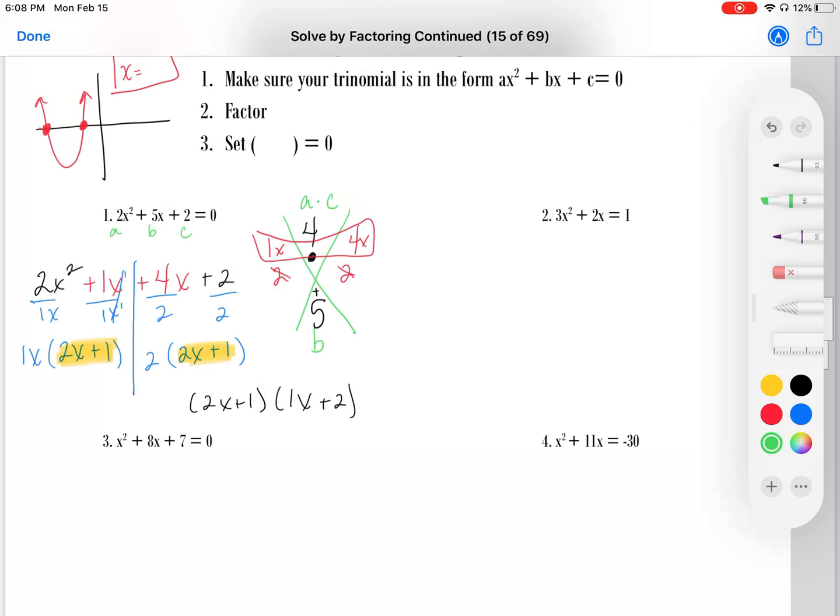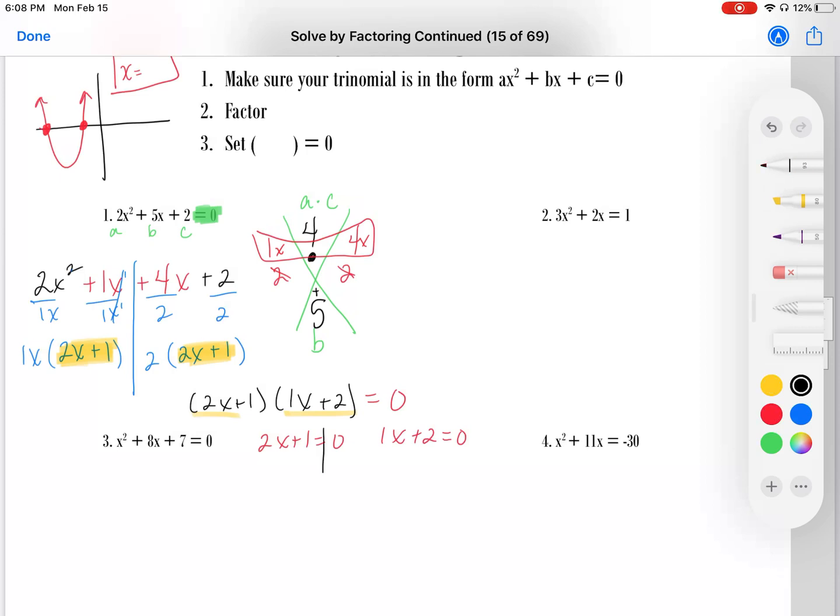The only thing that makes this different from what we did in Unit 8 is that now this is set equal to 0. What equals 0 means is I need to take each factor. 2x plus 1 equals 0, and 1x plus 2 equals 0. I take both of these and set them equal to 0.